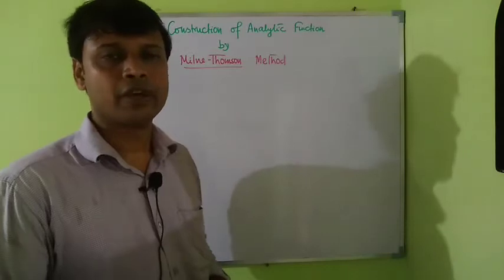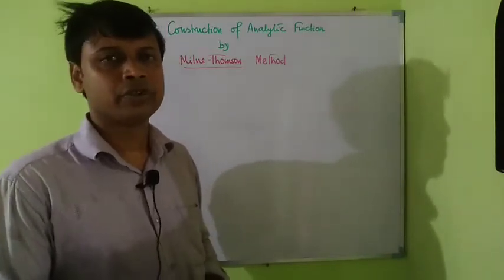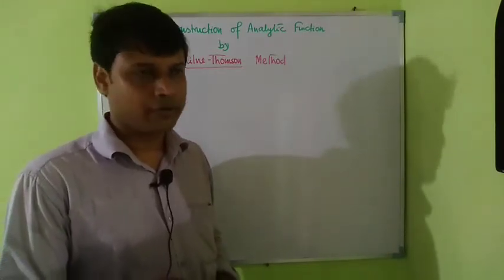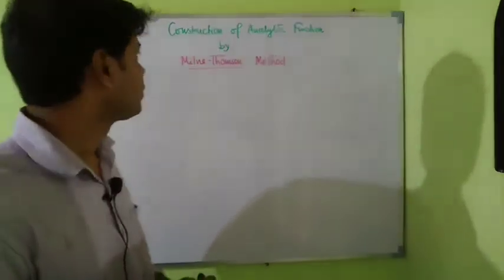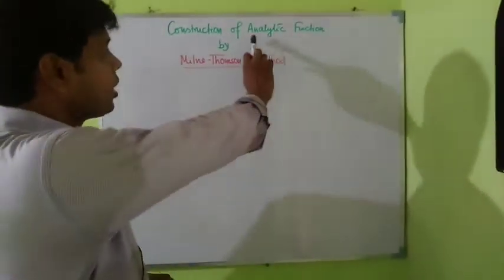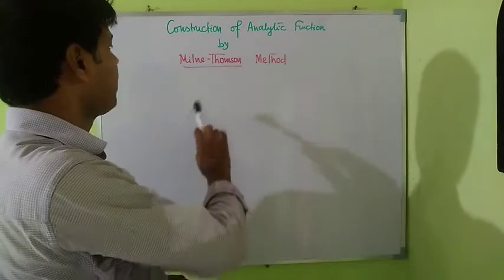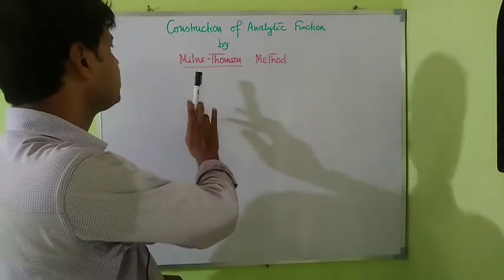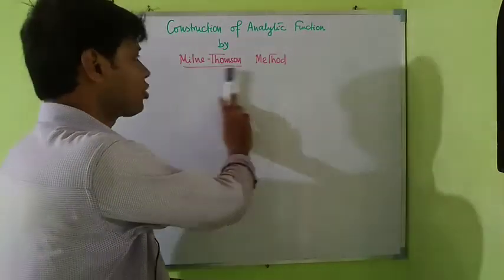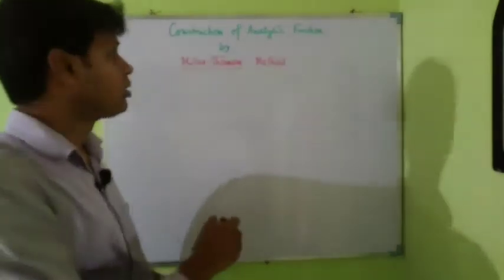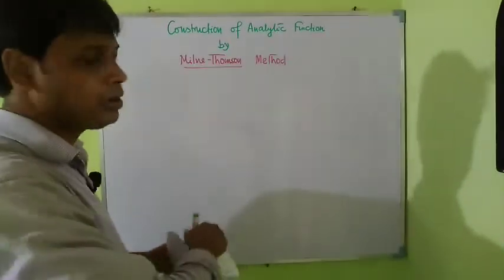Today, a very important chapter. I will discuss the construction of an analytic function with the help of a well-known method, the Milne-Thompson method. So, what is the Milne-Thompson method?